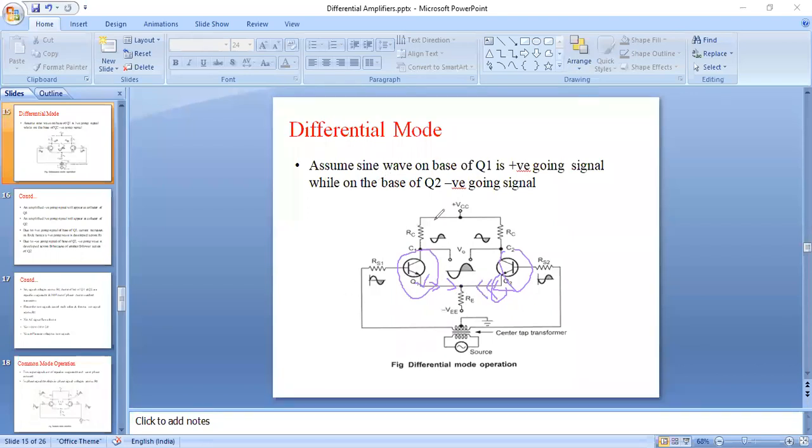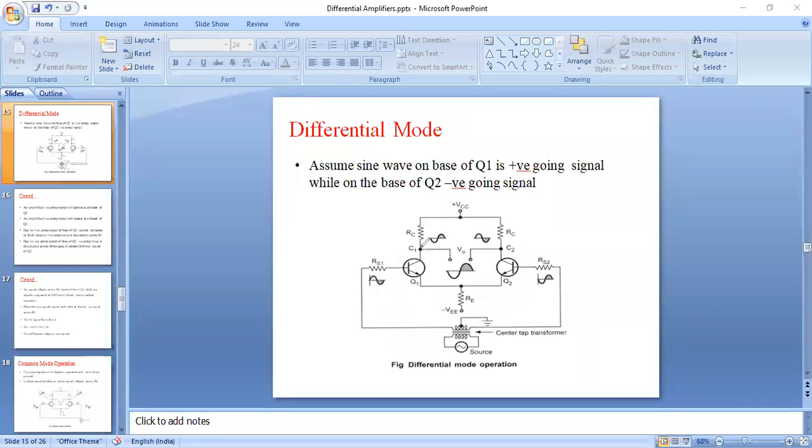So coming to the collector section, that is, output measured across the collectors. Coming to the collector side, if you apply plus 10, we are getting minus 10. If you apply minus 10, we are getting plus 10. Here this is the balanced output differential amplifier. That means we are measuring output between two collector terminals.